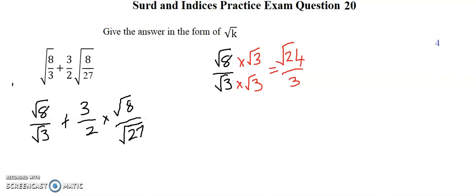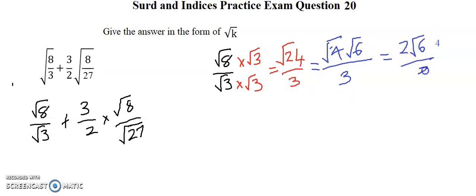So the first thing I think about here is rewriting the question, because the square root of 24 is the same as square root of 4 times 6. So square root of 4 times square root of 6 over 3, which is the exact same as saying square root of 4 is 2, so 2 square root of 6 over 3. So that is in the simplest form.